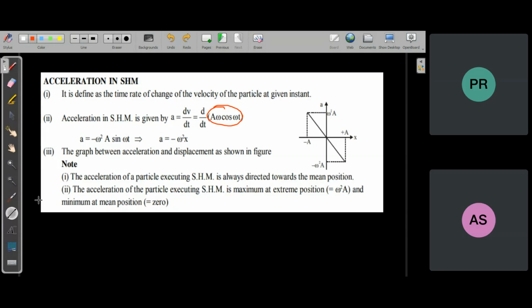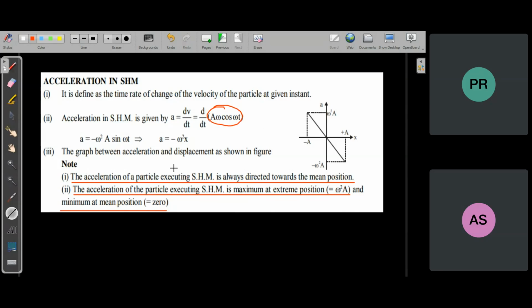This equation is telling you that acceleration in SHM is always directed towards the mean position because of this negative sign. And the second important thing is that the acceleration of a particle executing SHM will be maximum at the extreme position, because it will be maximum when x is maximum, and the maximum value of x is the amplitude. Are you getting?